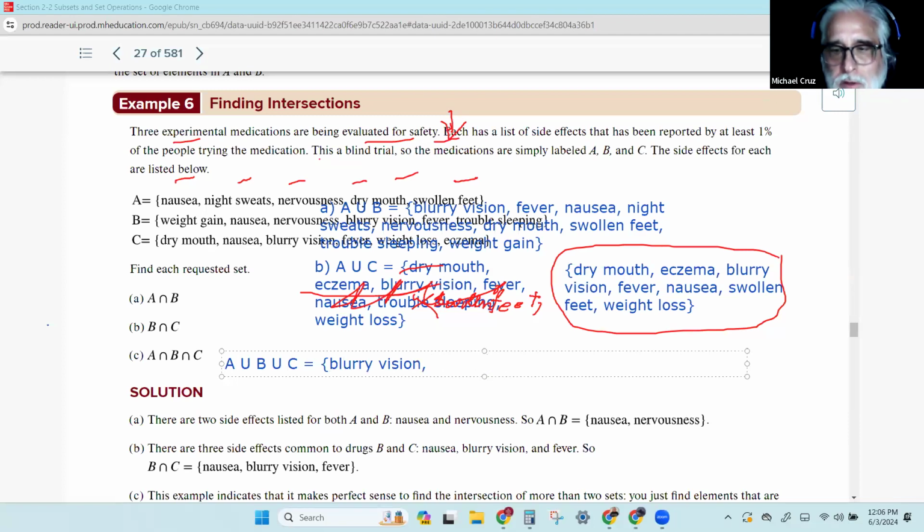Actually, this one goes next. It's not dry mouth, it's dry. It's not dry, it's dry mouth. Blurry vision, dry mouth, eczema, fever.